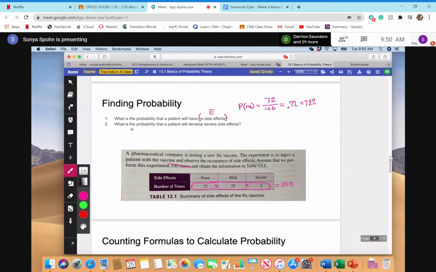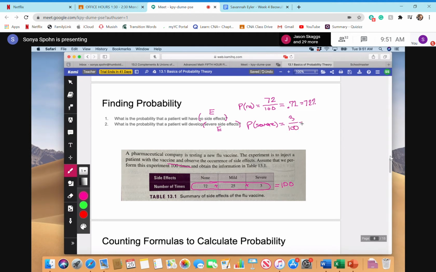Pretty easy. What's the probability that a patient will develop severe side effects? So severe side effects is our event. We're going to do the same thing, but this time it's the probability of severe side effects. So we're going to put the severe number up here. We look down on our chart, we have a 3. And we're still going to do the total down here, and that's 100.